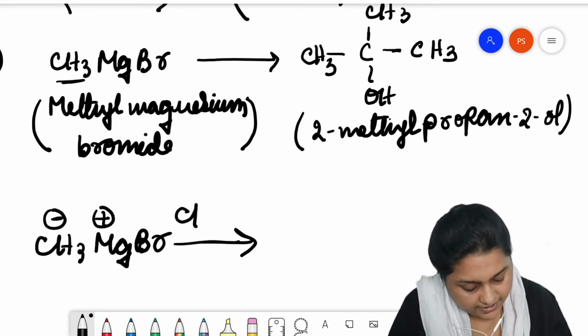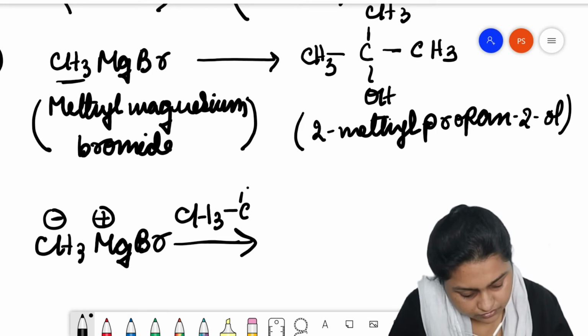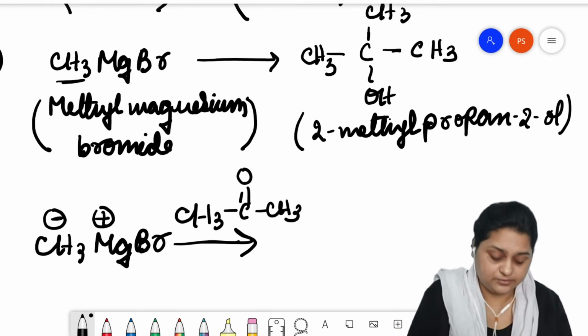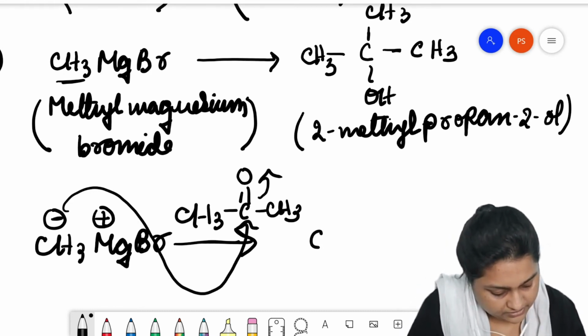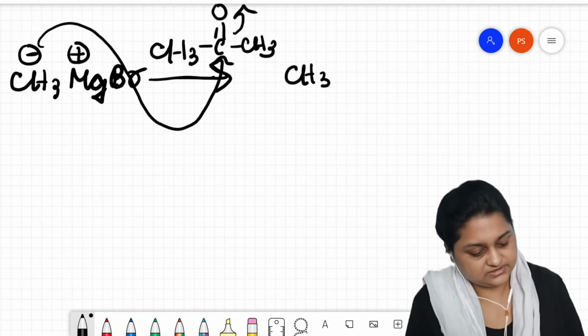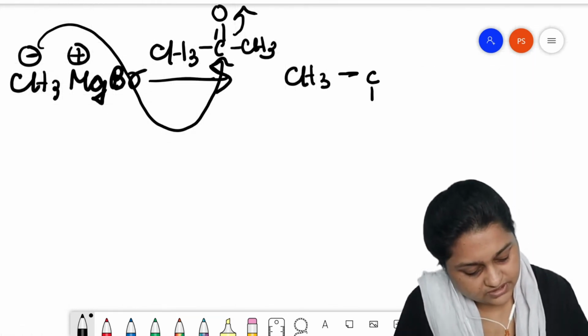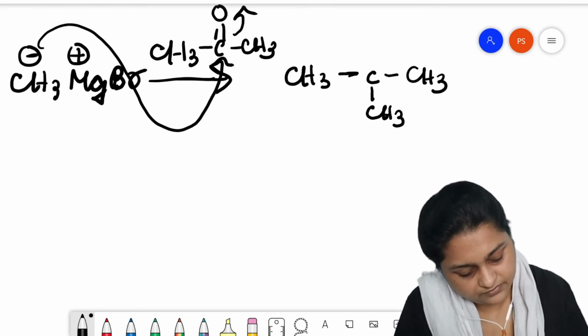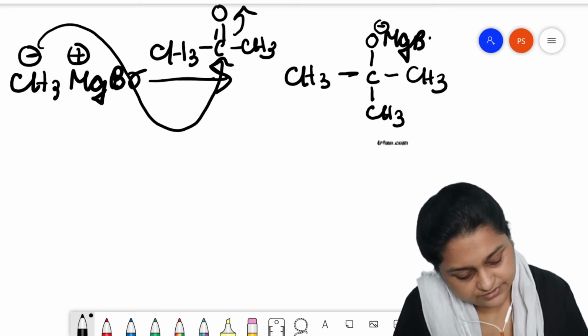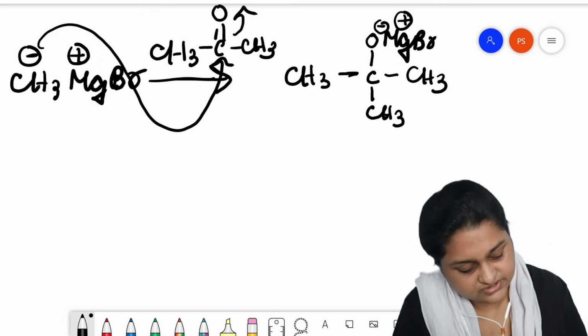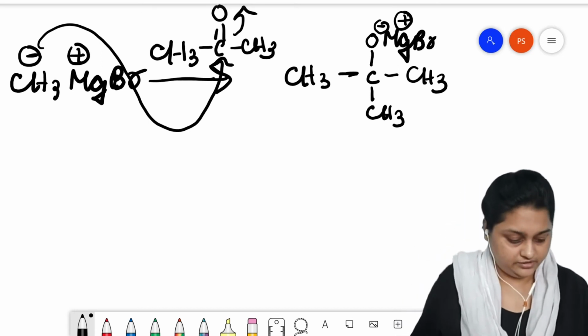If we add this Grignard reagent to acetone, the carbonyl carbon of acetone is electron deficient, and it will attack here, and this will open up and produce this particular compound, CH3, C, CH3, CH3, single bond O minus. MgBr will sit beside this negatively charged oxygen to neutralize this entire intermediate.